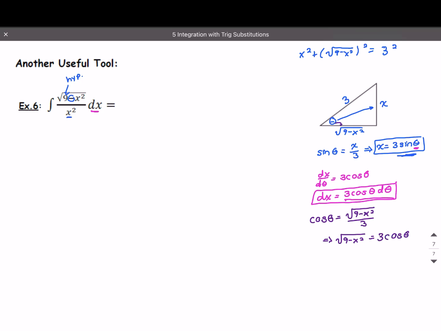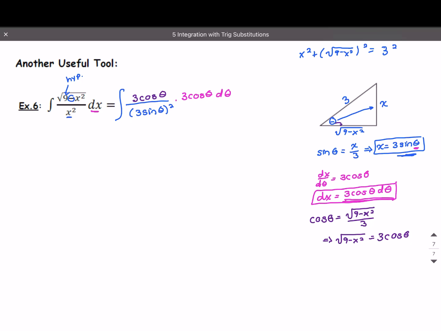So now we're going to make that substitution. So we have this integral. Now this top piece, we just said is 3 cosine theta, over this x squared, we said is 3 sine theta, but we have to square it. Dx we have over here, which is 3 cosine theta d theta.